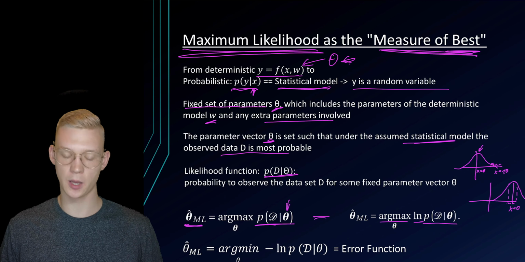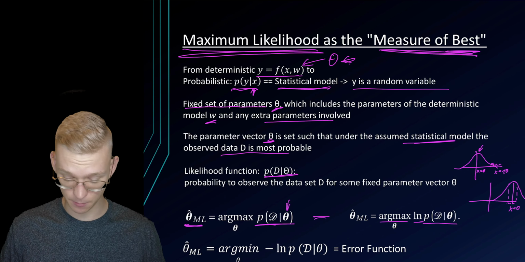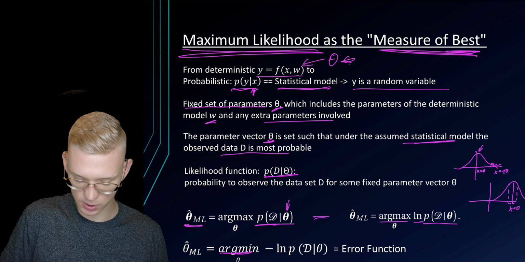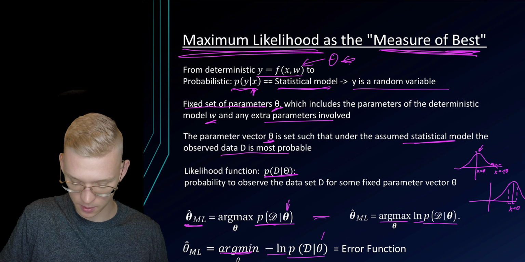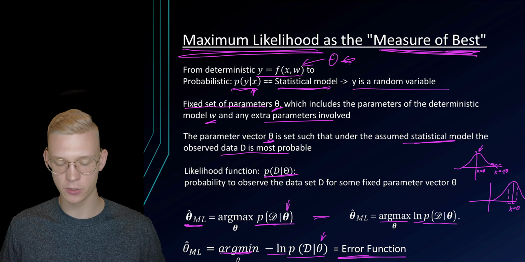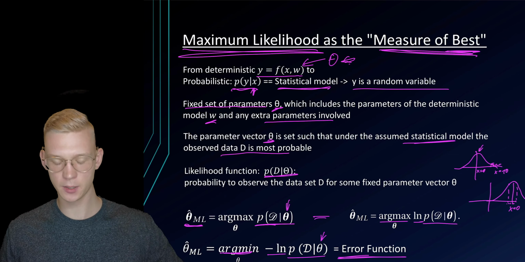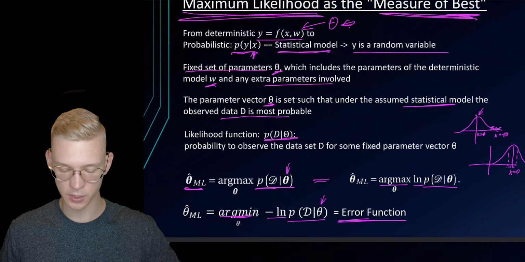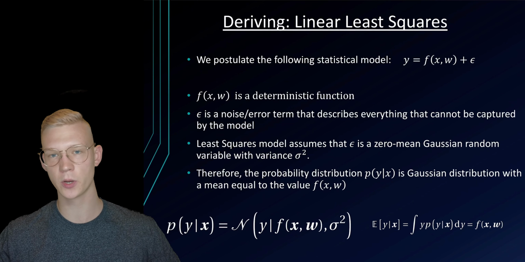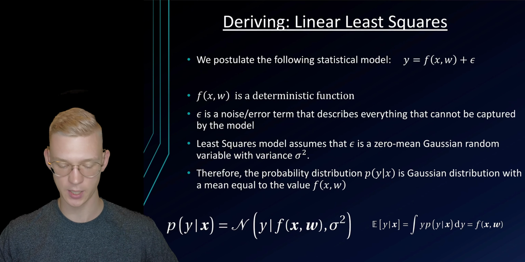Or if we add a minus, we can say that we want to minimize this function, so a minus of the log probability given a vector theta. And we will call this an error function. This might be a little bit too difficult to understand right now, but we will now derive the linear least squares and you will easily understand it.